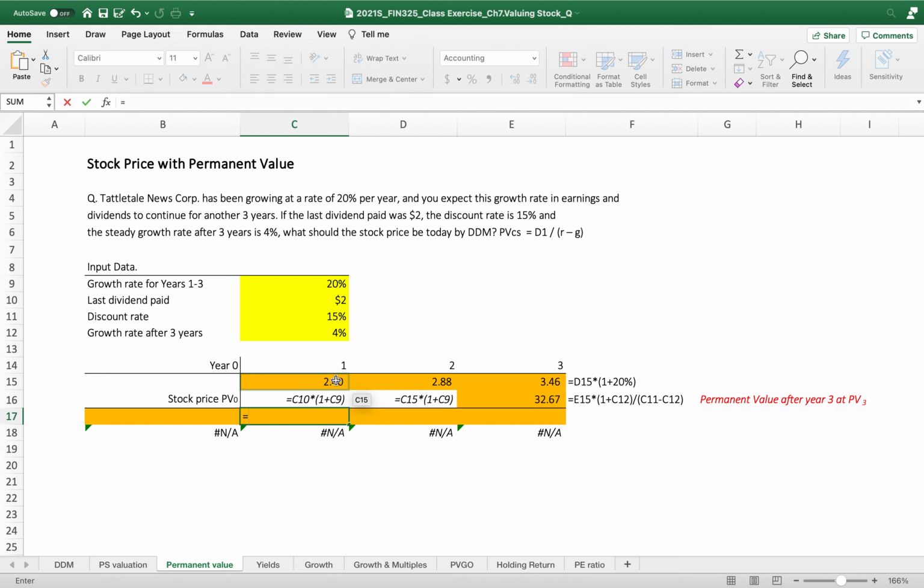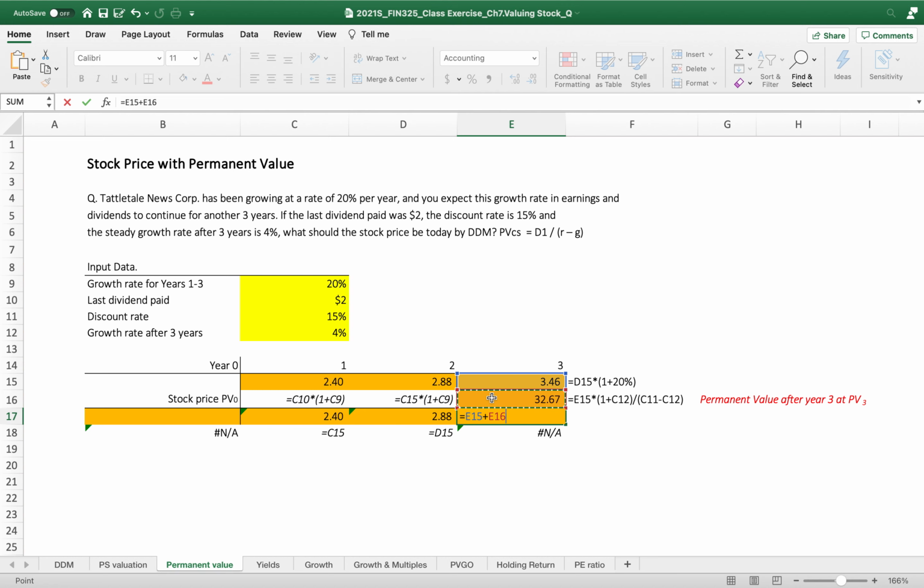Now let's combine all the future cash flows. Again, in year 3, we have the dividend of year 3 and the permanent future cash flow after year 3. The permanent cash flows are discounted by the discount rate with the growth rate after year 3, 4%, right? And then we got $32 as the present value at year 3.